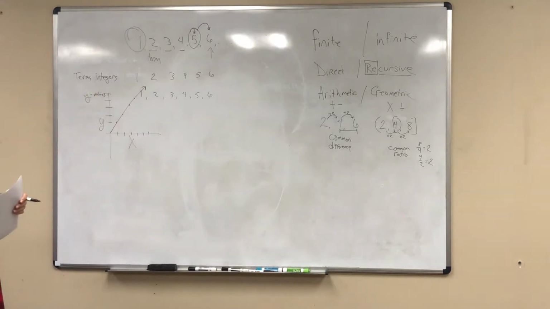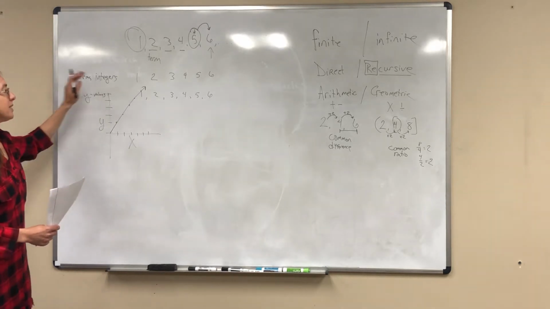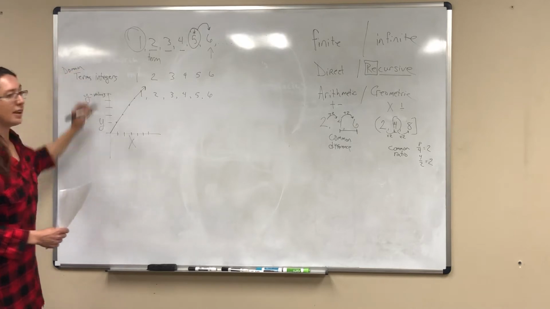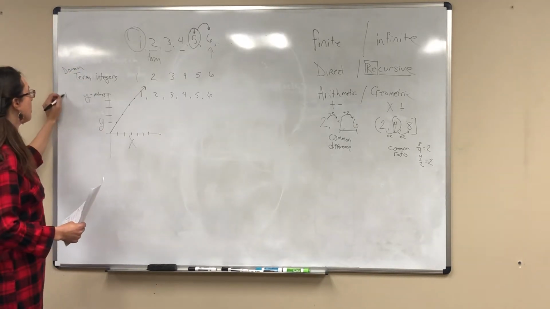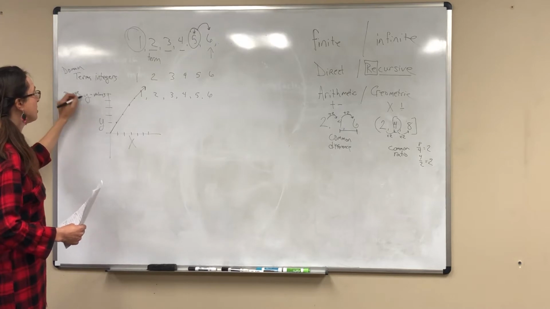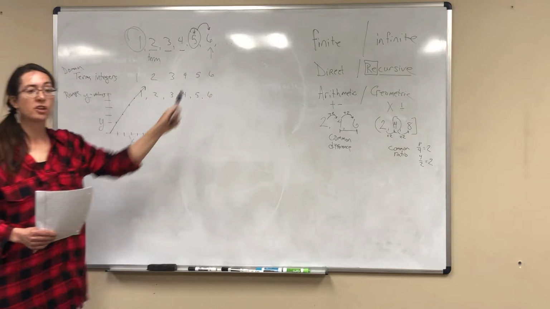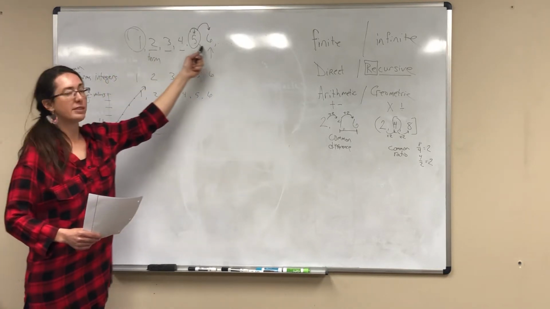correct? What other vocabulary did we use? We said our x values were also the domain, and the y values of a function are our range. So if they say, what is the range of this sequence, it would be 1 to 6.